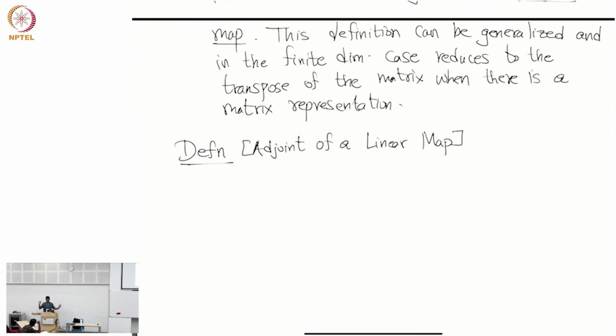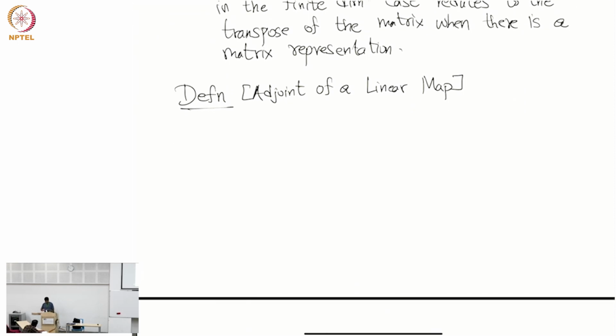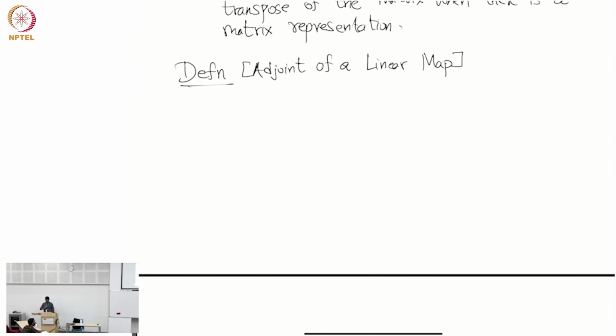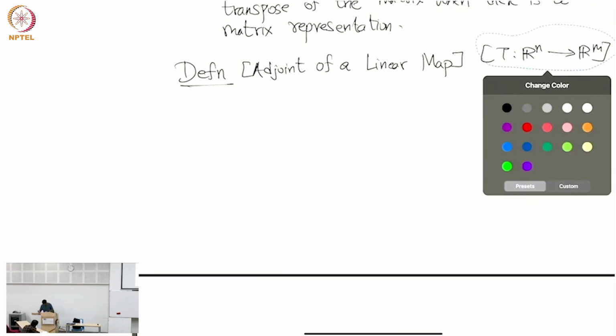And the linear map, although I haven't written it down, is between finite dimensional vector spaces, or you can generalize it to abstract finite dimensional or infinite dimensional vector spaces and so on. But in this setup, we are doing the simple case. Think of this as T from Rn to Rm. Since I want you to think of this in the background, I'm going to make this gray.